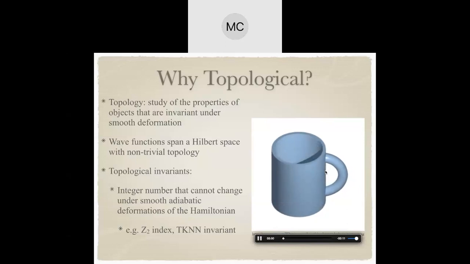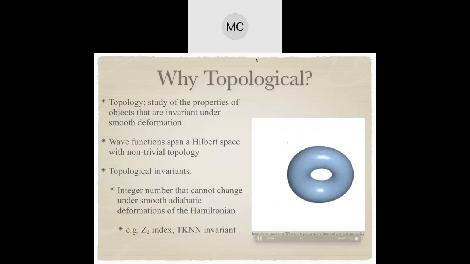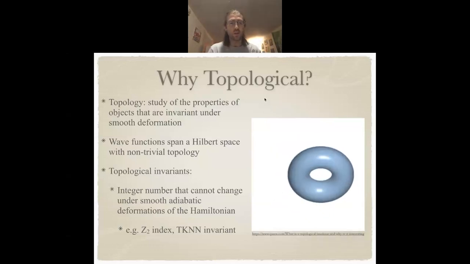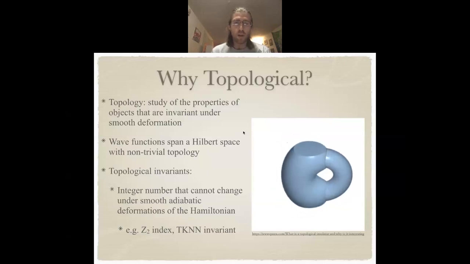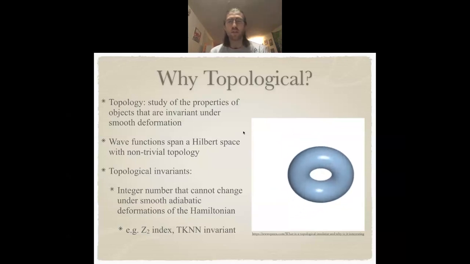So this concept can be taken over to physics. Basically, we can consider wave functions which span a Hilbert space with a non-trivial topology. Or in other words, we view wave functions as a mapping from K-space to a manifold in the Hilbert space.